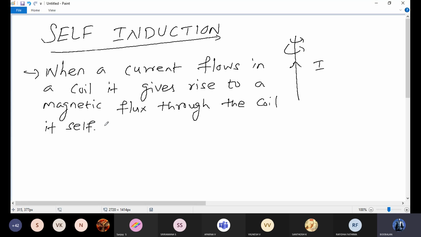When electric current flows in a coil, it gives rise to a magnetic flux through the coil itself. The same coil itself is giving the magnetic flux, and that is called self-induction. Another name is self-induced EMF, or back EMF.